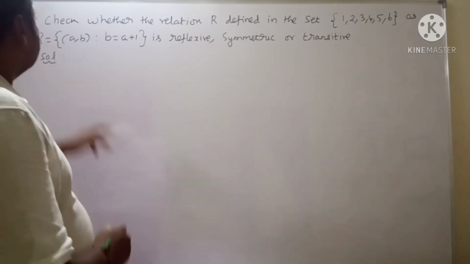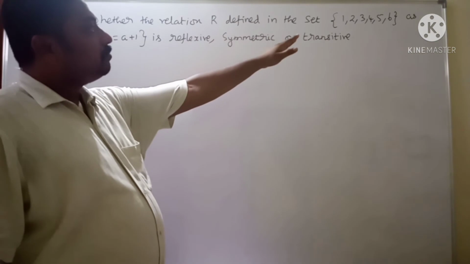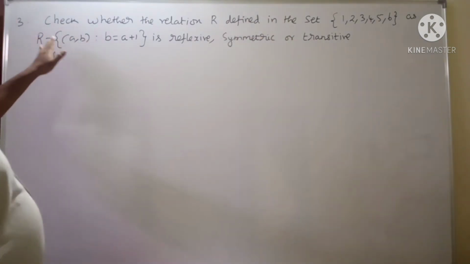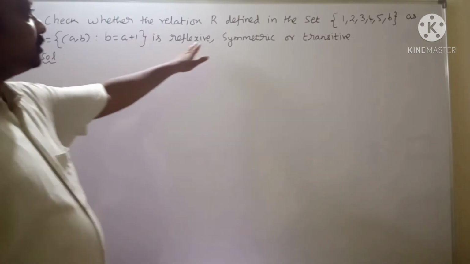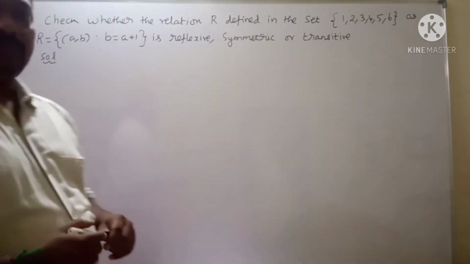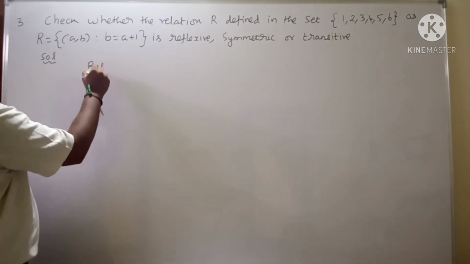The second question is: check whether the relation R defined in the set {1, 2, 3, 4, 5, 6} as R = {(a, b) : b = a + 1} is reflexive, symmetric or transitive. Let's check for reflexive.